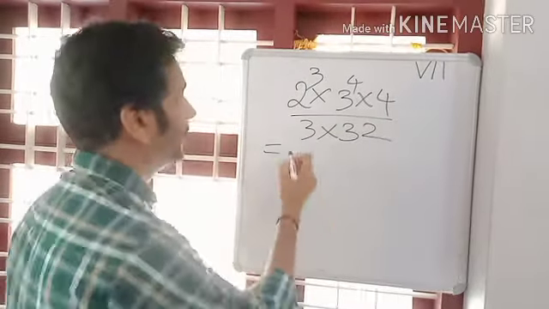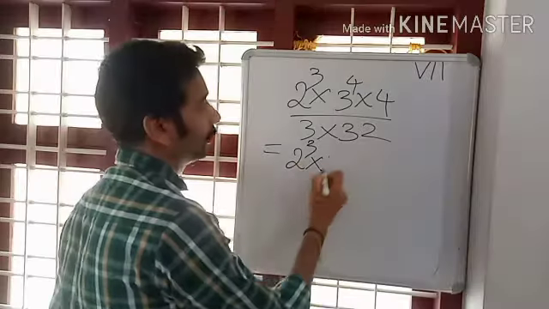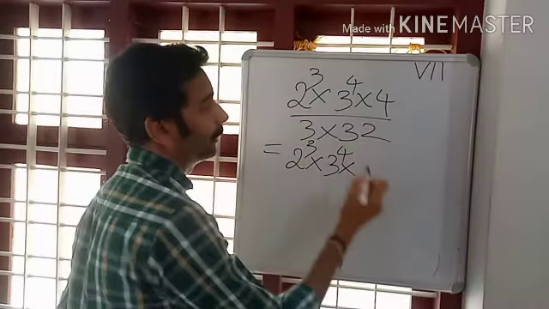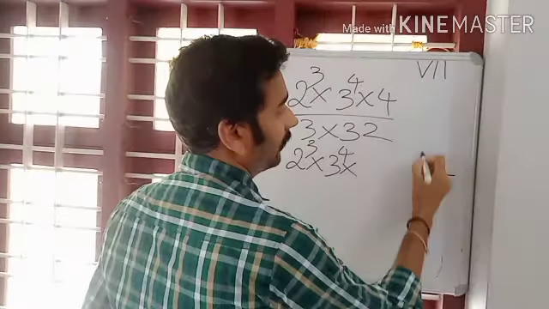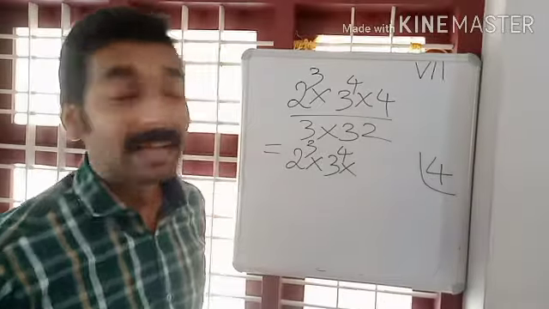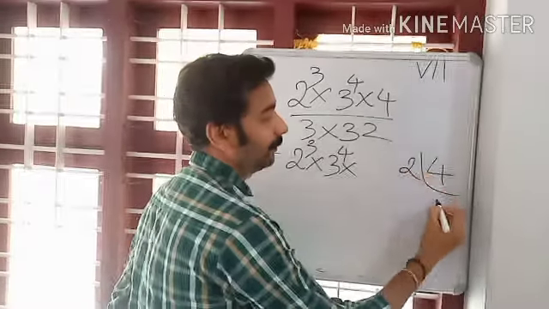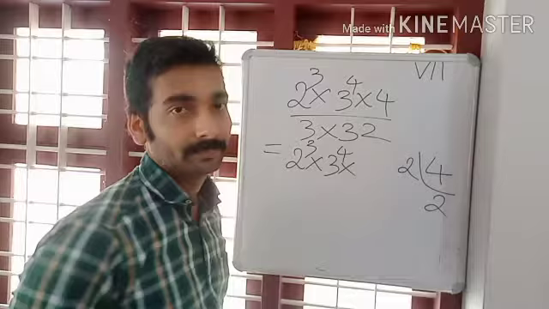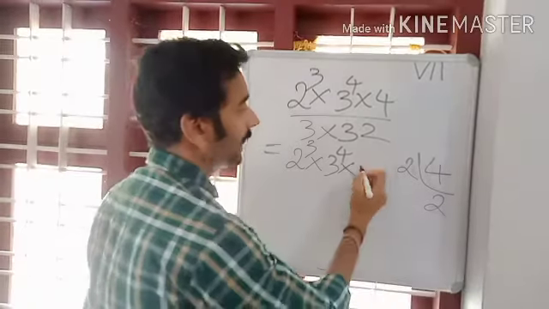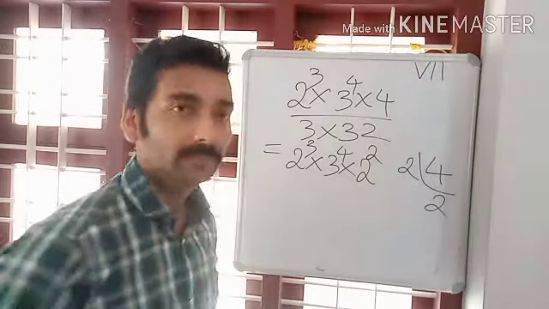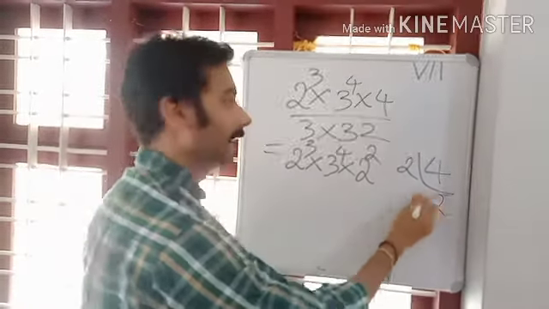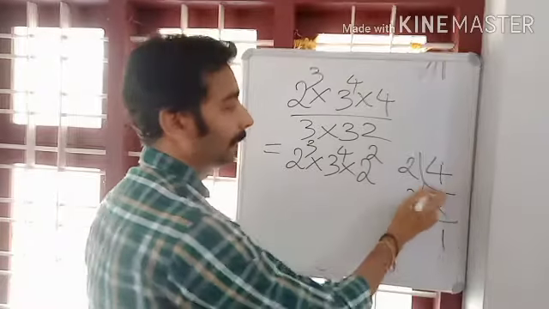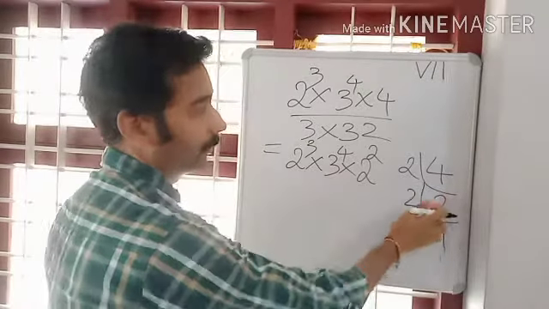We convert into prime factorization. That means 4 divided by 2 is 2, that means 2 raised to 2. Both are same, 2 by 2.